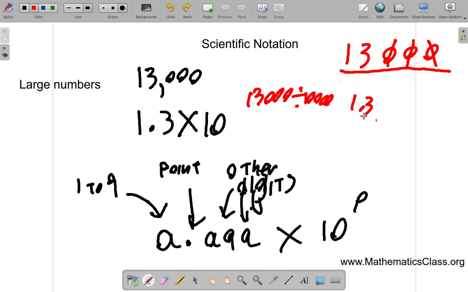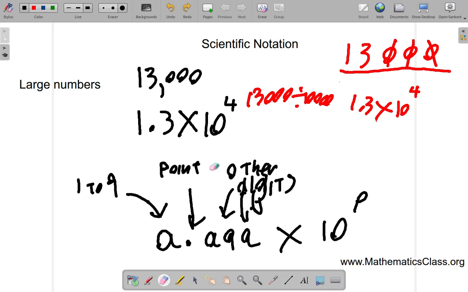But if you want back your 13,000, what would you have to do to the 1.3 to get back your 13,000? You'd have to multiply it by 10,000. But 10,000 is the same as 10 to the power of 4. So 13,000 is the same as 1.3 times 10 to the 4. So this number would have to be 4. It's 10 to the power of 4.